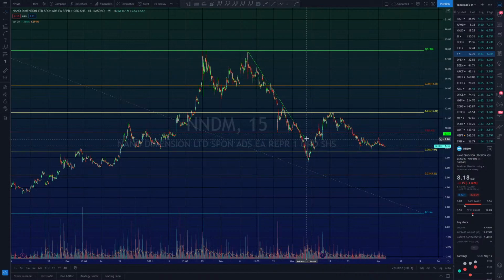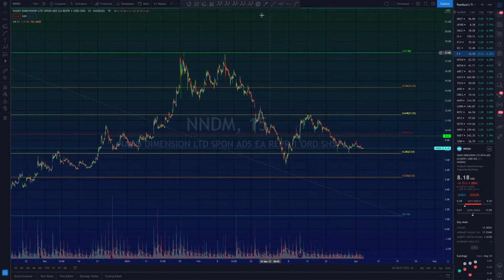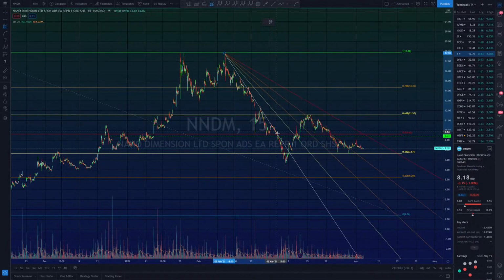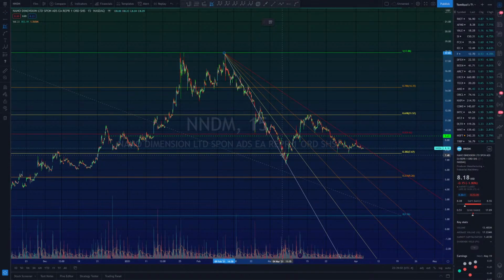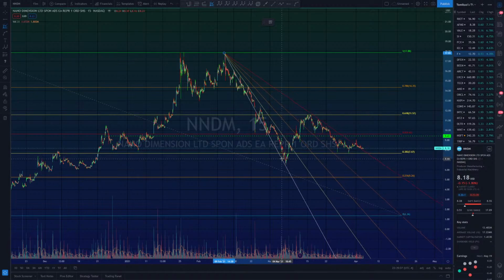This was such a steep correction. That's a tough one. Let's see if we could do some arcs and some things on here. See if we can figure this out. Alright, there we go.